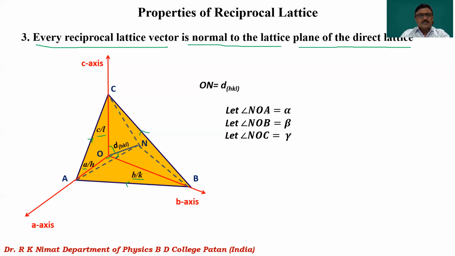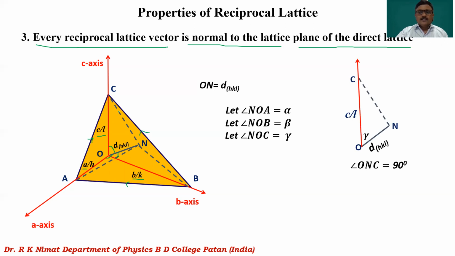And we conclude that since CB lies in the plane ABC, the reciprocal lattice vector along ON is perpendicular to the crystal plane ABC. That is the concept. That means we have to show that ON is normal to either CB or BA or AC, and all these lie in the plane ABC. Hence, we can say that the reciprocal lattice vector along ON is perpendicular to the crystal plane ABC.